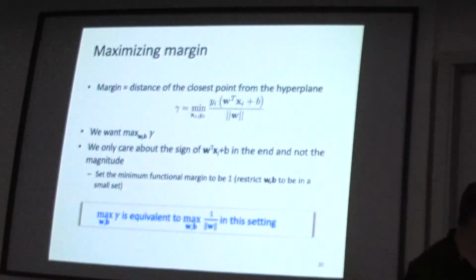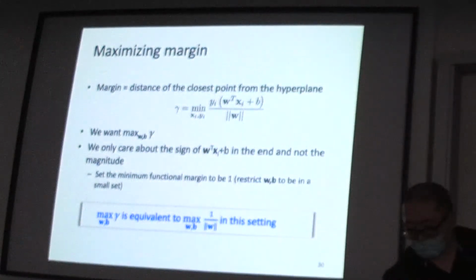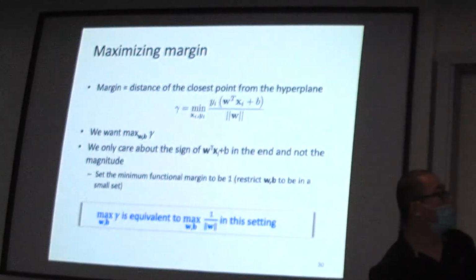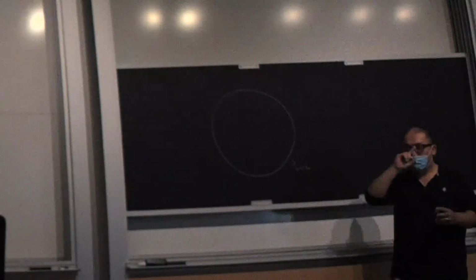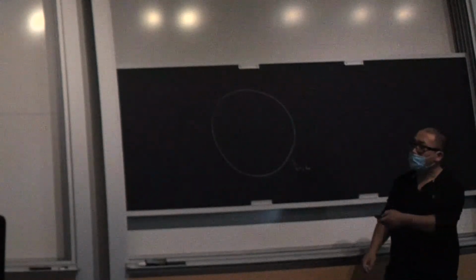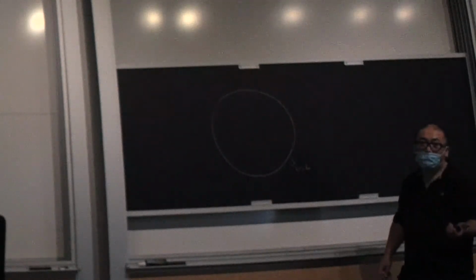Let me write on this. Maybe it's better to write it down. Here is the whole space of W, b, the free W, b. Of course, for the whole space of W, b, we cannot guarantee that the minimum functional margin over the training examples is 1, right?